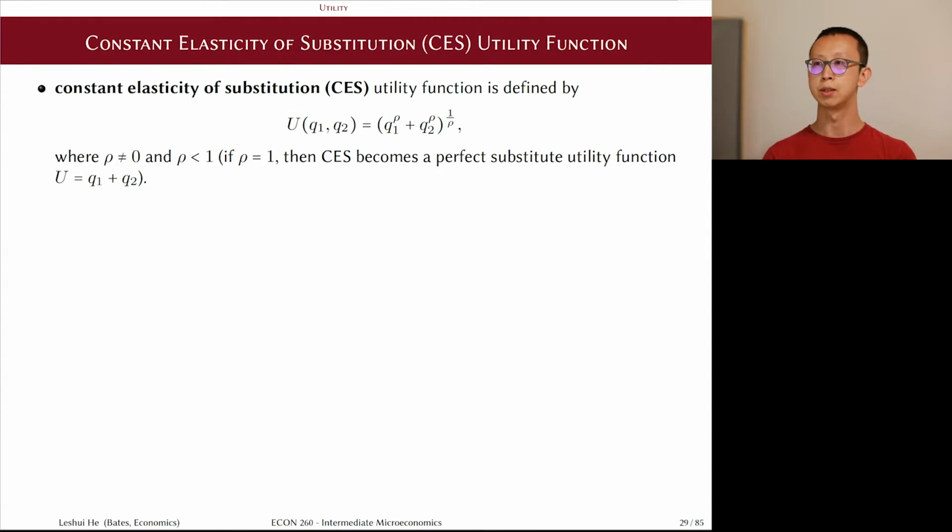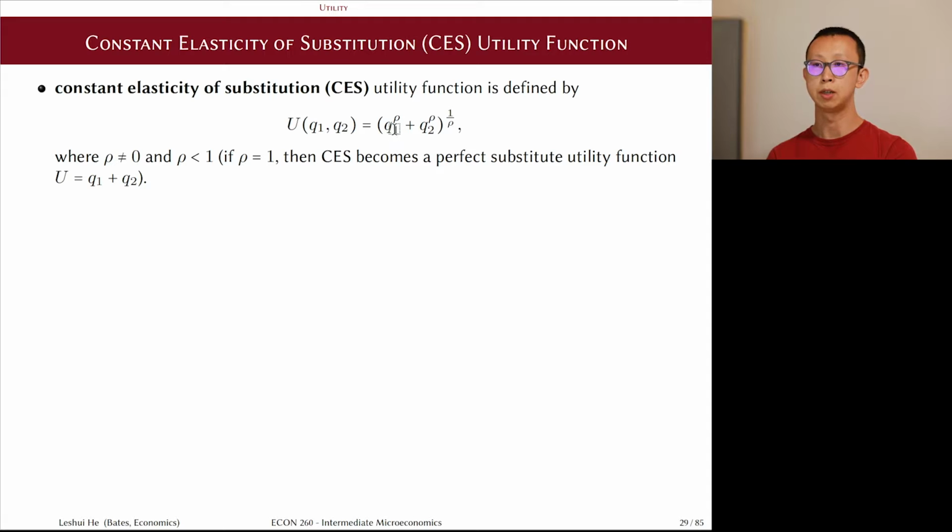First, let's talk about the constant elasticity of substitution utility function, and we'll refer to it later on as the CES utility function. This utility function, again, is simply a scalar of the quantity of two different goods, Q1 and Q2, in a consumption bundle. And the function is evaluated as such.